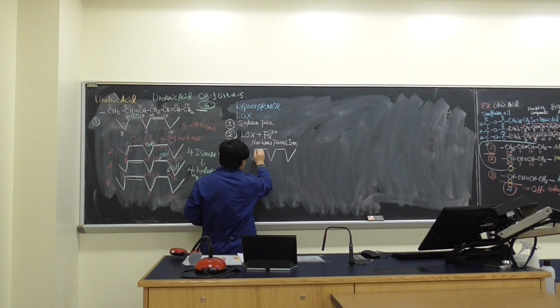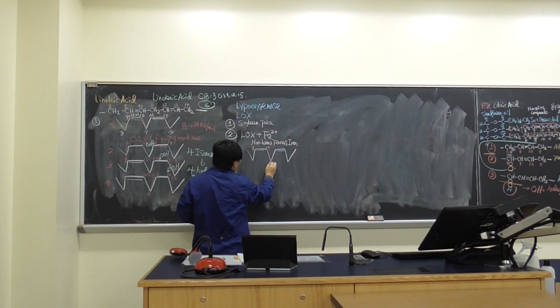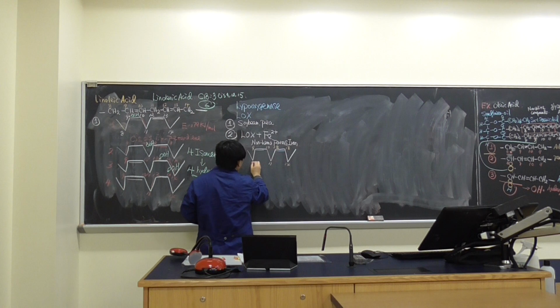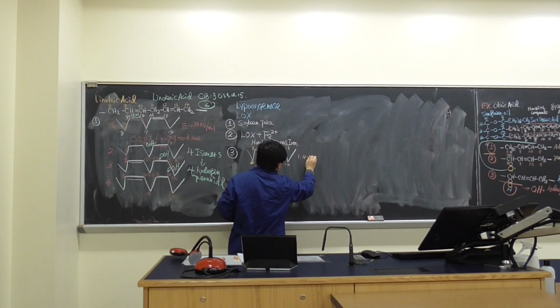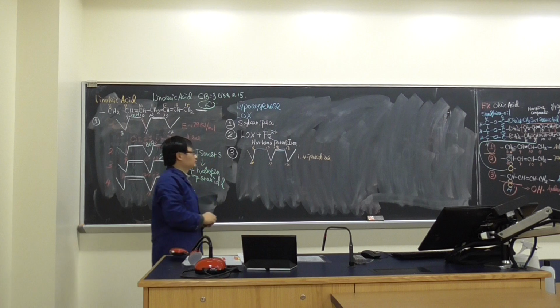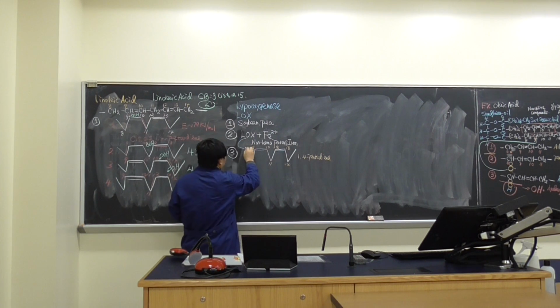So this is what it looks like. Again, it's carbons 9, 10, 11, 12, and 13, 14, and this is 8. This is called 1,4-pentadiene, because the enzyme can recognize it here.